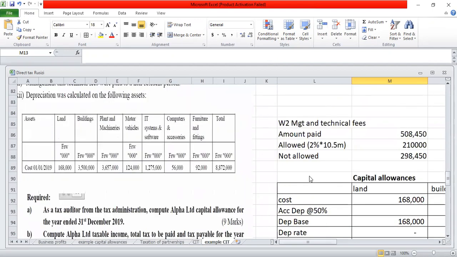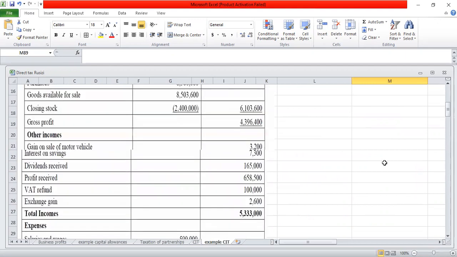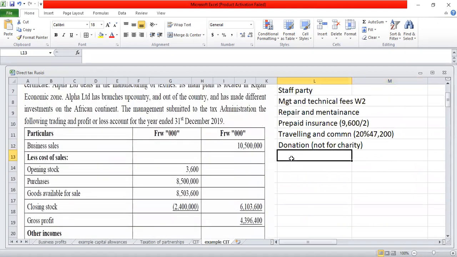Yeah, I think it is true. Provision for bad debt.